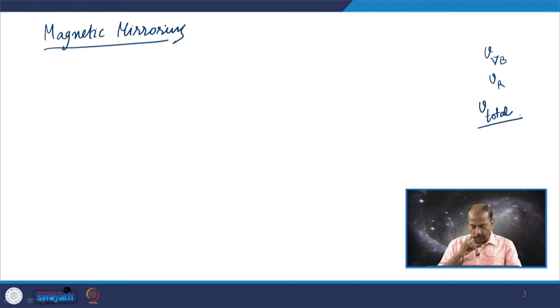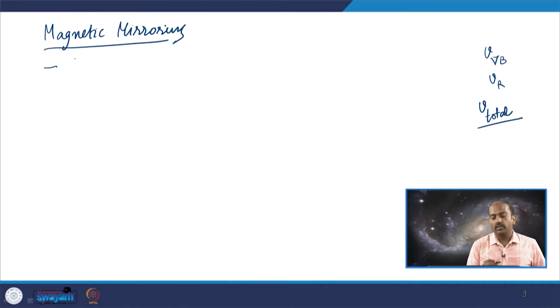So, in today's class we will try to understand how a charged particle can be trapped within a magnetic field. What kind of magnetic field can result in trapping charged particles? The basic idea is that the magnetic field has an ability to keep the magnetic moment conserved.